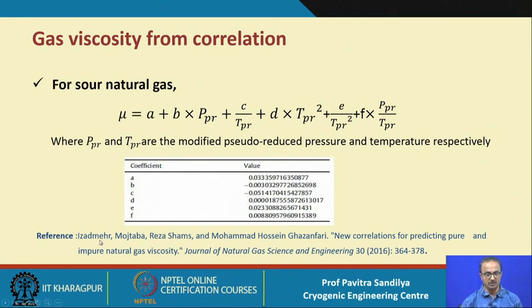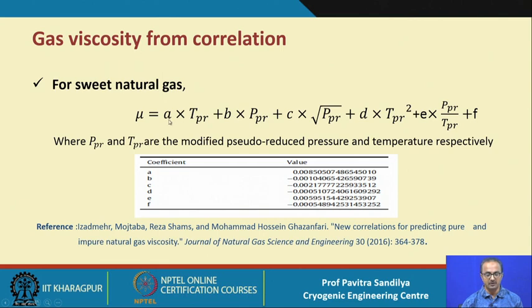These authors gave this particular correlation for sour natural gas, and here again there are coefficients A, B, C, D, E and F, listed in this table. And this is for the sweet gases. Again we have A, B, C, D, E, F.